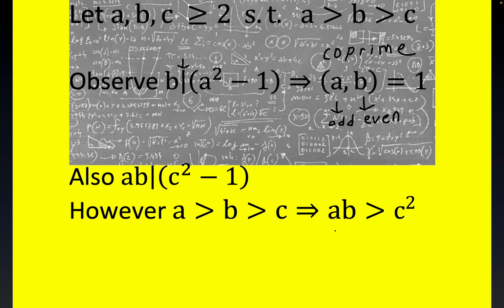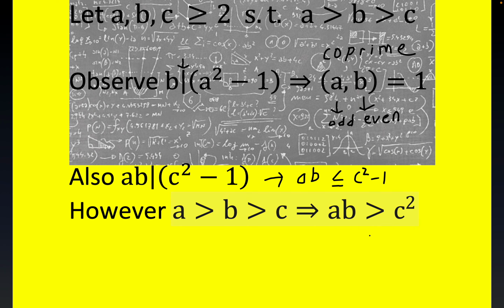This statement is certainly true based on our assumption at the beginning of the problem, but this part right here also implies that AB is less than or equal to the quantity C squared minus 1. You see right here, we actually get AB is greater than C squared.